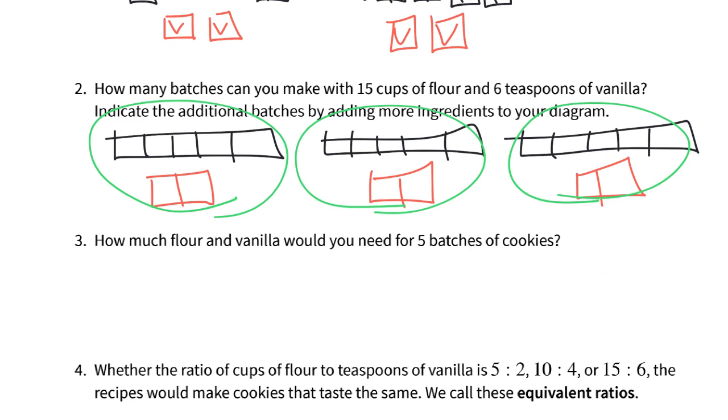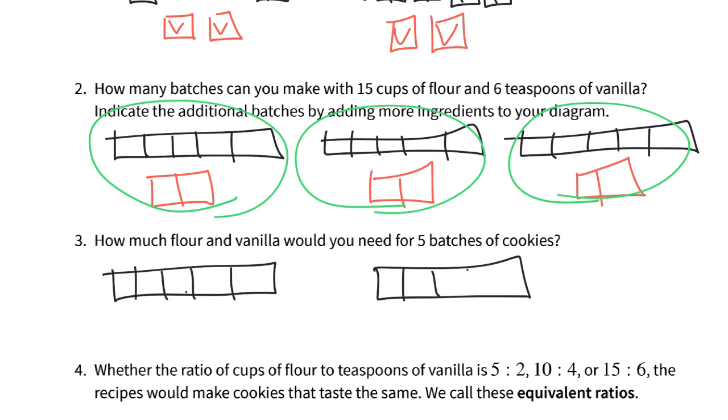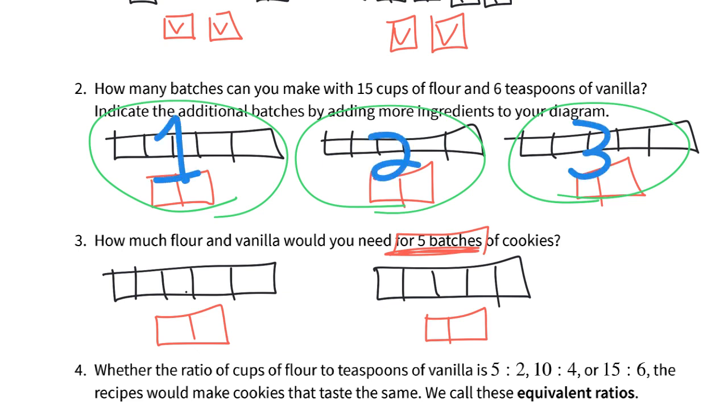Let's draw 2 more. 1, 2, 3, 4, 5. 1, 2, 3, 4, 5. 1, 2, 1, 2. So there's our 5 batches. And where do we see our 5 batches? We see our 5 batches right here. 1, 2, 3, 4, 5.